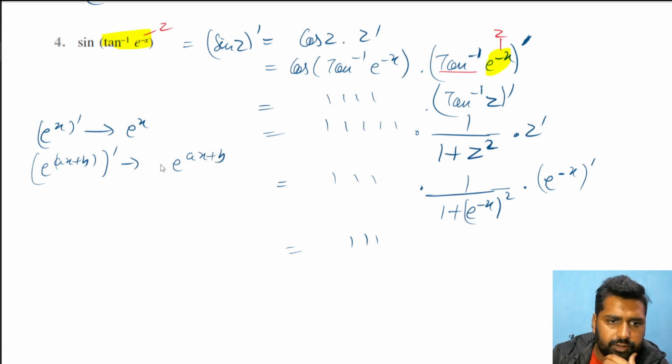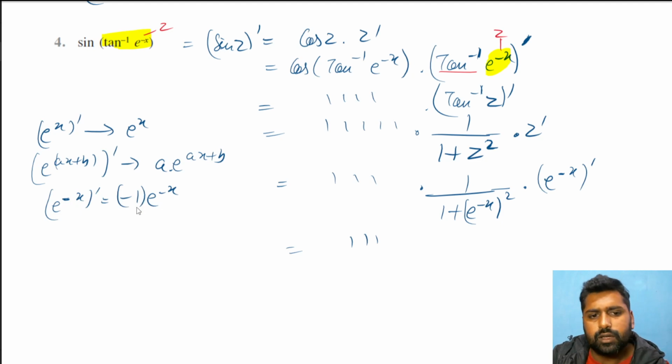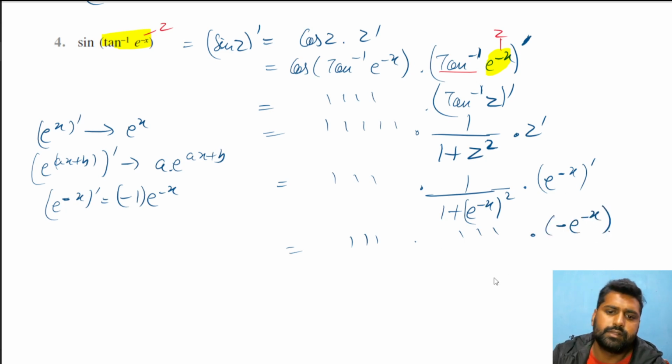It's just that the coefficient of x will come in multiplication. So the differentiation of e raised to power minus x is the same, e raised to power minus x, it's just that minus 1, the coefficient of x, will come in multiplication. So copy, copy, and differentiation of this is minus e raised to power minus x. That's your answer.